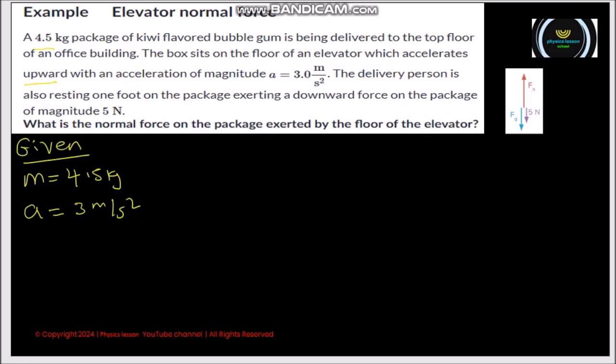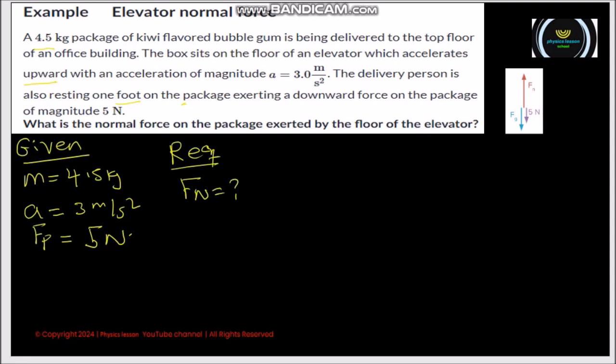The delivery person is also resting one foot on the package, exerting a downward force on the package. The force of the person is equal to 5 Newtons. What is the normal force required? N is equal to how much?